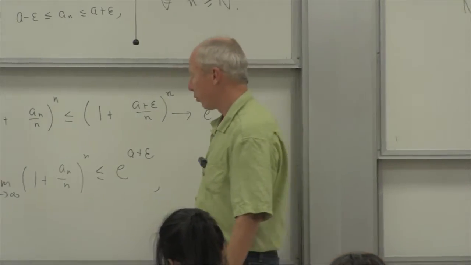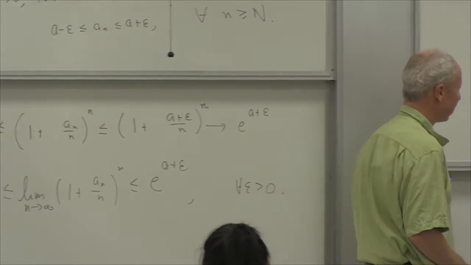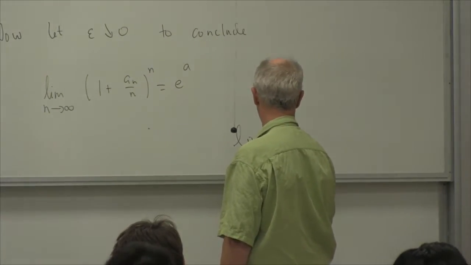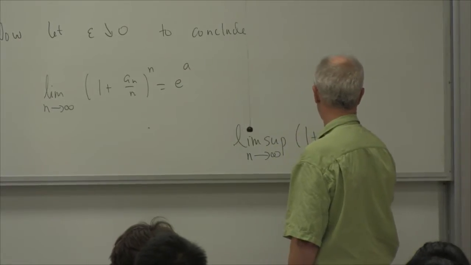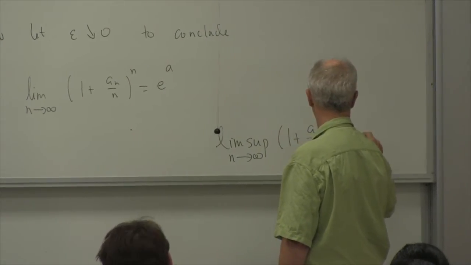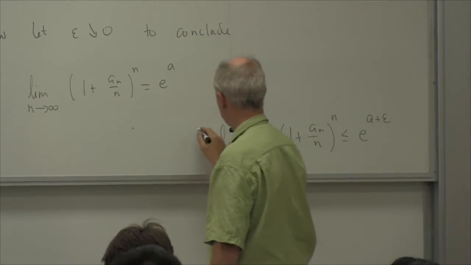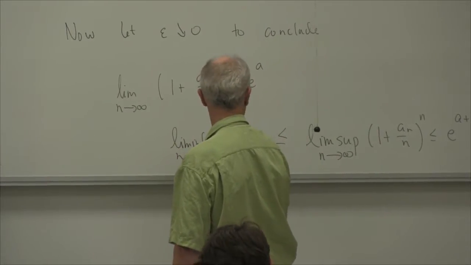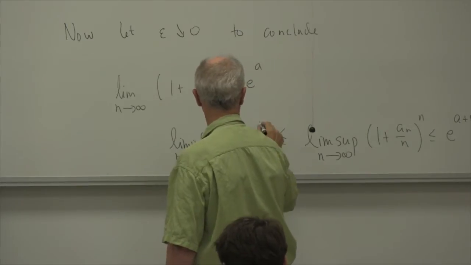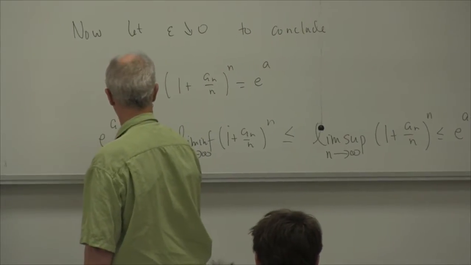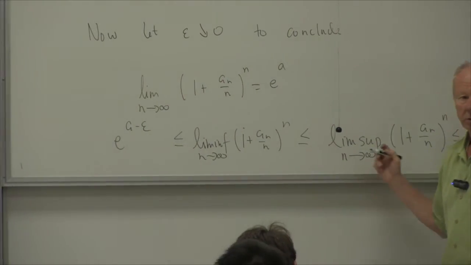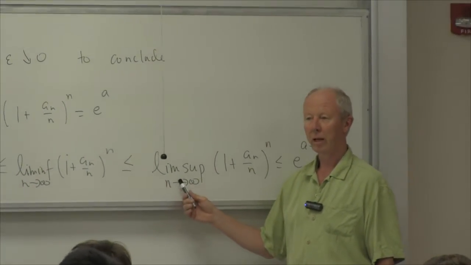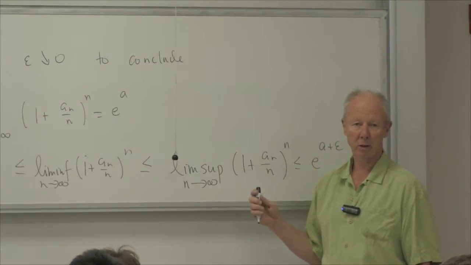Okay, technically speaking, I should say, for those who do know this language, this holds, and then you let epsilon go to 0, and then you conclude the lim inf is equal to the lim sup, and that means the limit exists and has a common value, which must be e to the a.